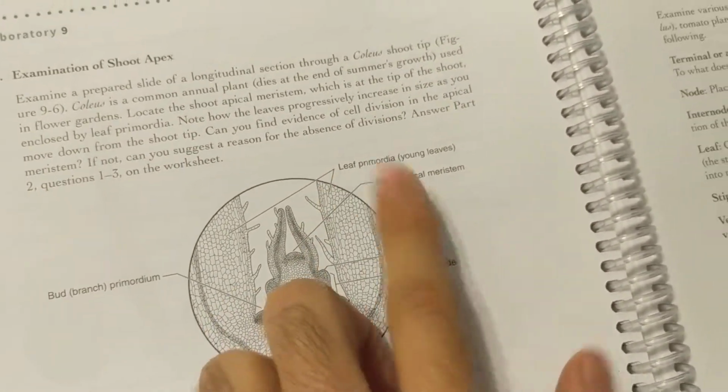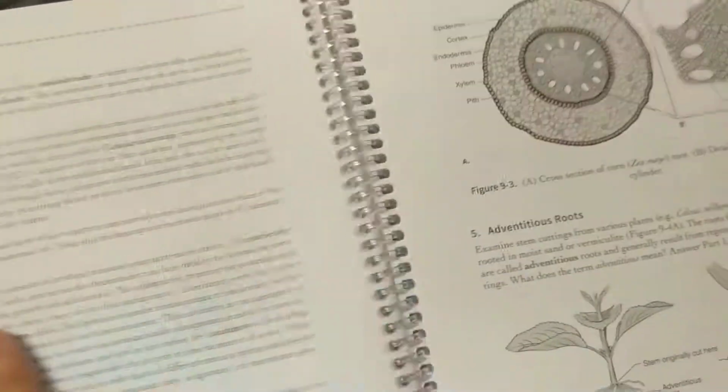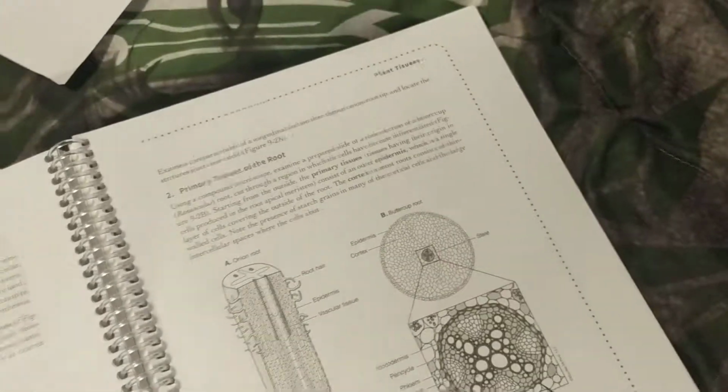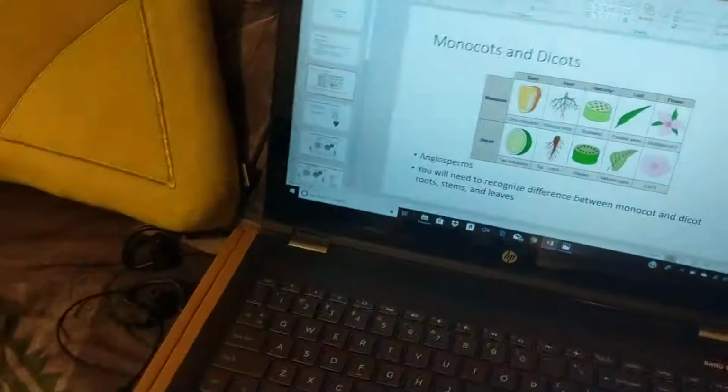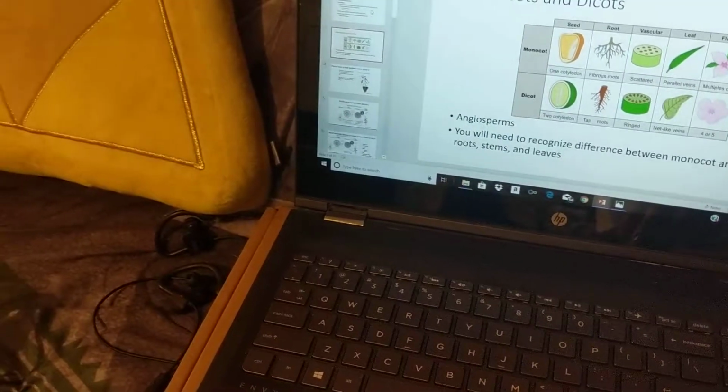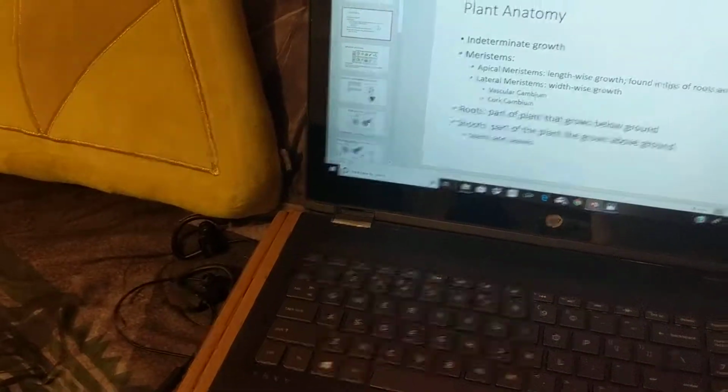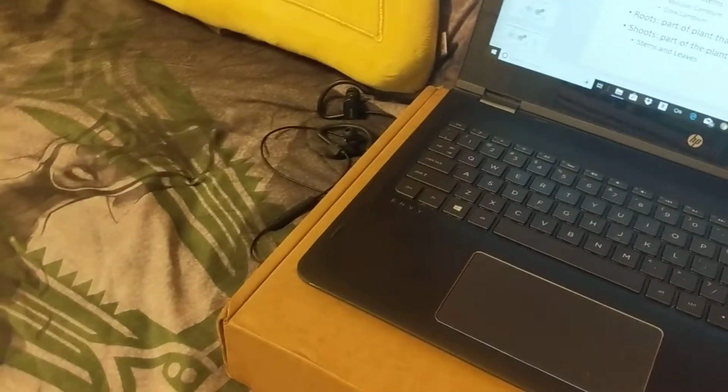Those are the two apical meristems. The root apical meristem has to do with growing below the soil, and the shoot apical meristem has to do with growing high, growing up.